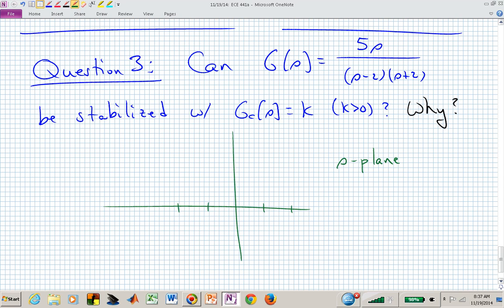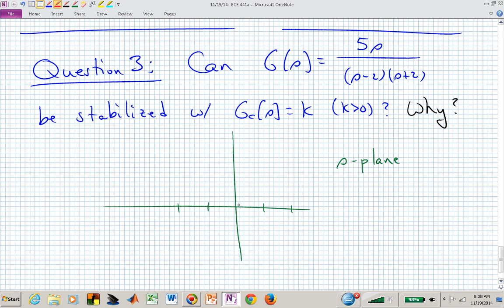All right, our 30 seconds are up. Is it stabilizable with a positive gain K in our traditional feedback structure? I see quite a few heads going left to right, which means no, I believe, in the United States.